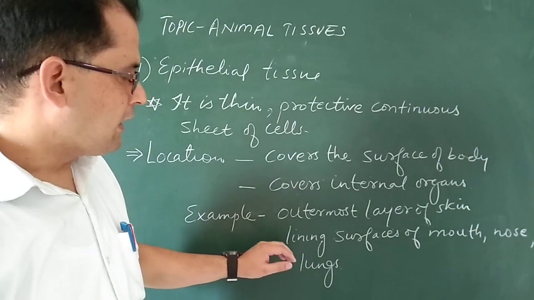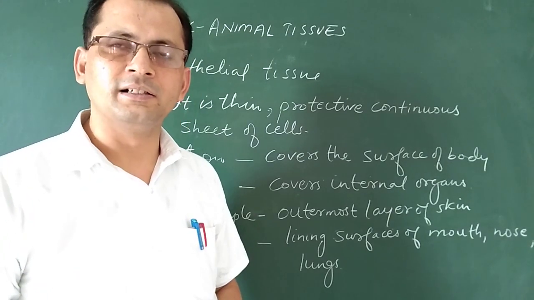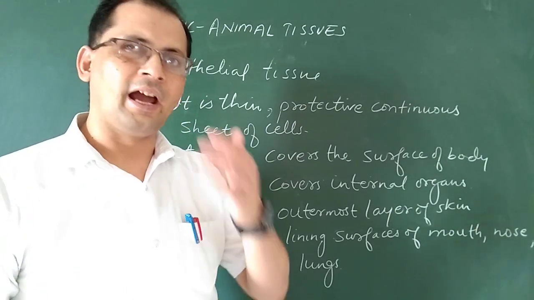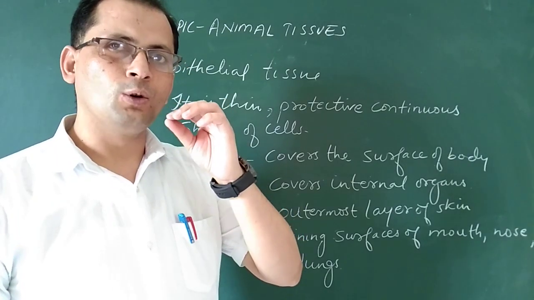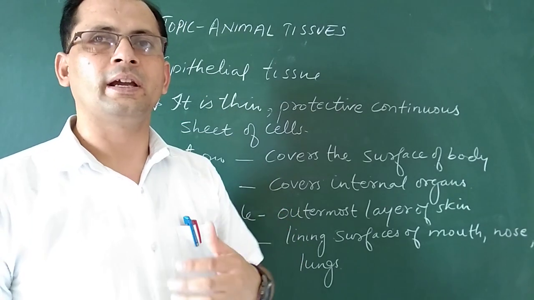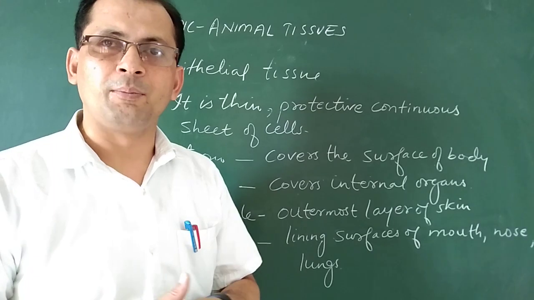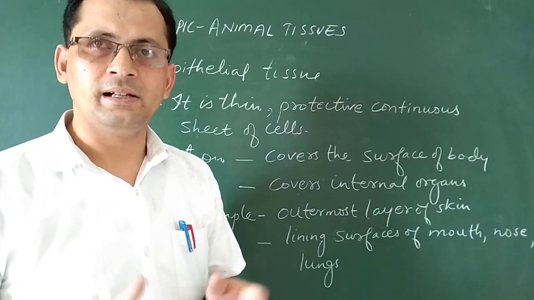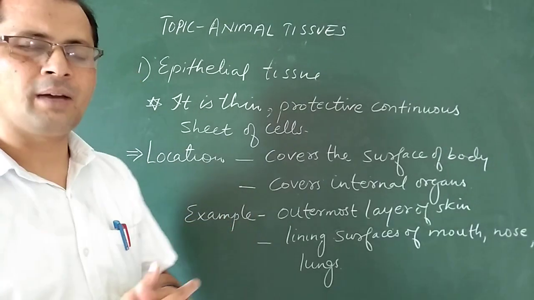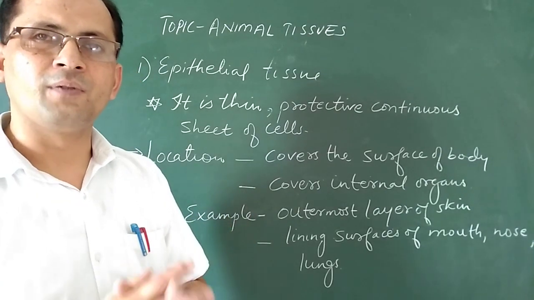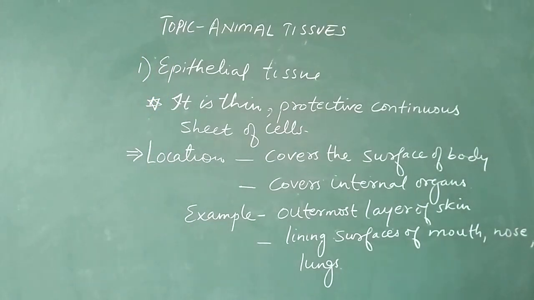Also it is found on the lining surfaces of the mouth, nose, lungs and stomach, where you can find this epithelial tissue. Now I will tell you the functions of these epithelial cells and their shape.